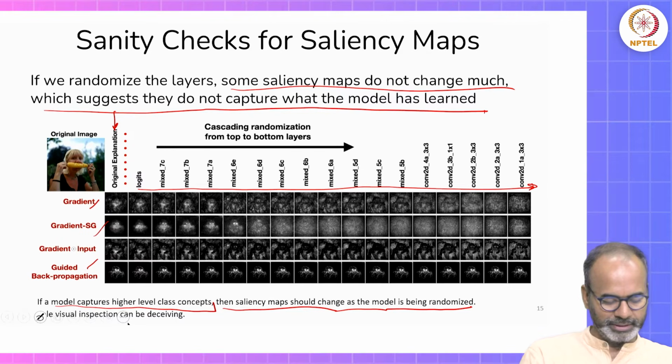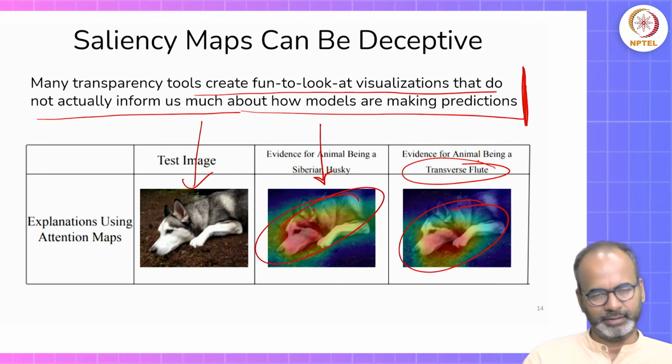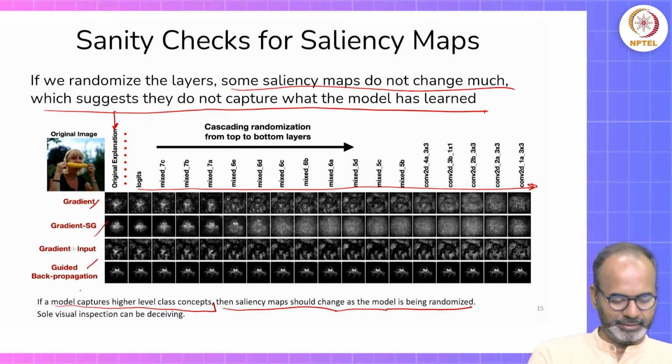Sole visual inspection can be deceiving. The point to get across is that if you use only visual cues to decide whether it's a husky or a flute, it's going to be a problem. There are going to be errors. That's what this is trying to say: if the layers change, eventually things should change. If it doesn't change, there's something going on. Some saliency maps do not change much, which suggests that they do not capture what models have learned. And these are the methods that we saw.